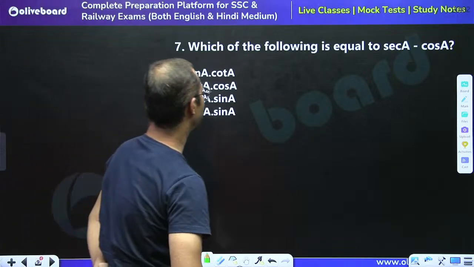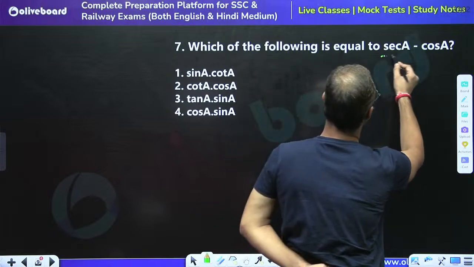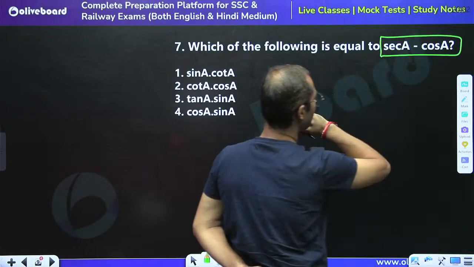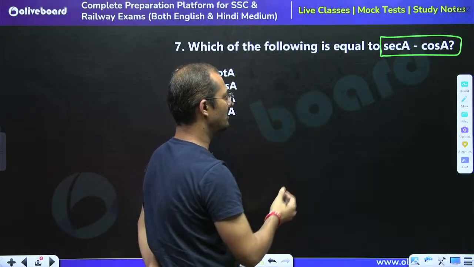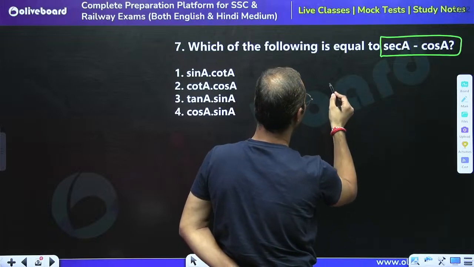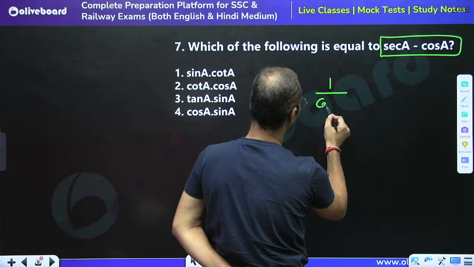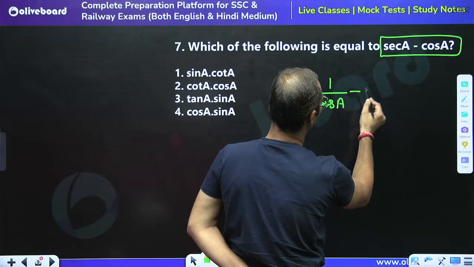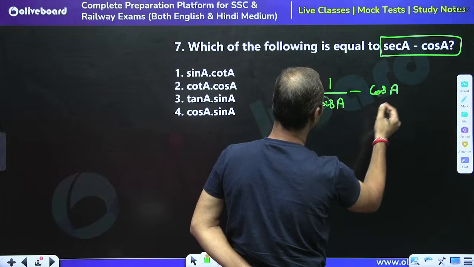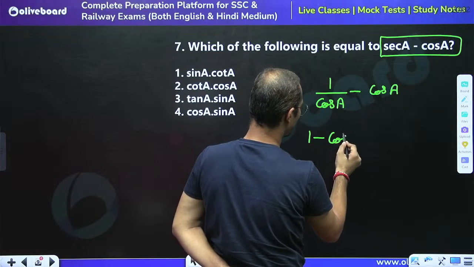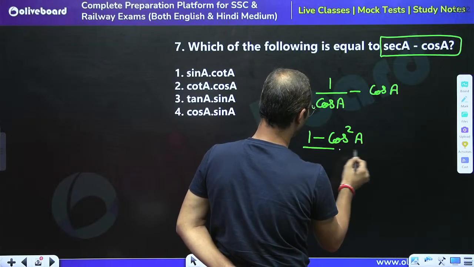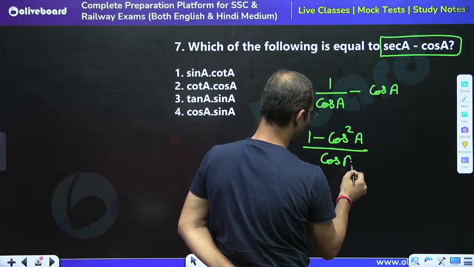See, which of the following is equal to sec A minus cos A? This is a very simple question. We know that sec A is equal to 1 upon cos A, minus cos A. So we can write it as 1 minus cos square A divided by cos A, right?